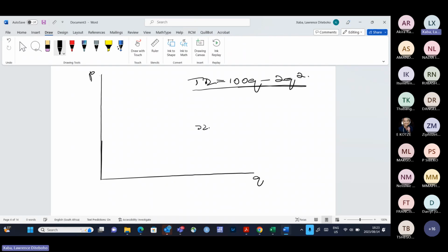So we say x equals minus b plus or minus the square root of b squared minus 4ac, divided by 2a.